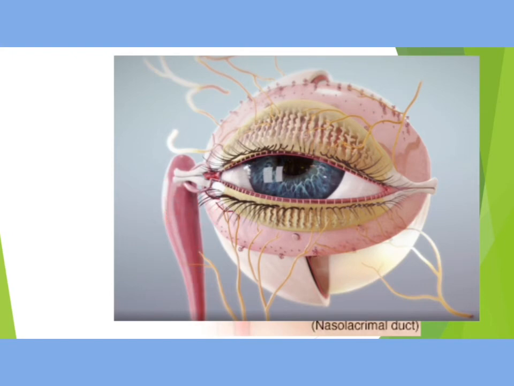The lacrimal sac is 10 to 12 millimeters long and lies in the lacrimal fossa between the anterior and posterior lacrimal crest. The lacrimal bone and the frontal process of the maxilla separate the lacrimal sac from the middle meatus of the nasal cavity. In dacryocystorhinostomy, also known as DCR, an anastomosis is created between the sac and the nasal mucosa to bypass an obstruction of the nasolacrimal duct.